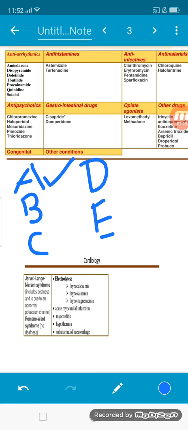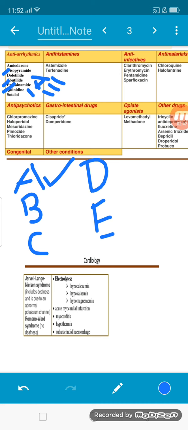The antiarrhythmics are those of class 1A and the class 3 drugs. In class 1 we have quinidine, procainamide, disopyramide, and the class 3 drugs are amiodarone, sotalol, and dofetilide as well.